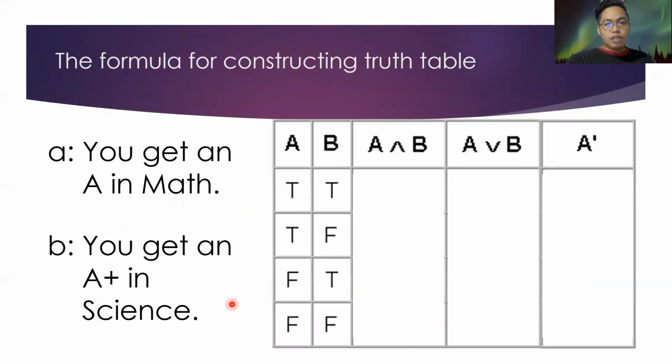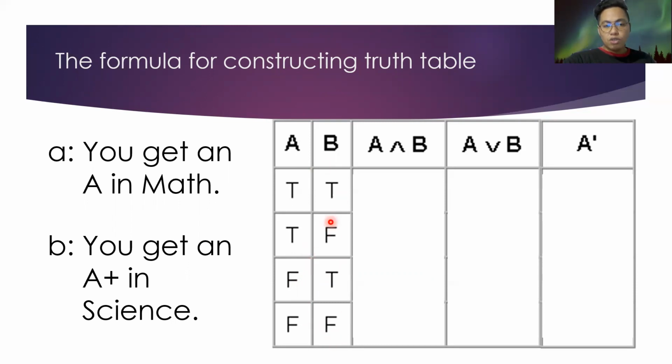So the formula for constructing a truth table is, let's say for example, you have two statements. The first thing that you have to do is to construct the combination of truth values between these statements. So we have here two statements. I decided to start with the least possible compound statements. So we have two, A and B. There are many possible combinations. It's either both A and B are true, or A is true and B is false, or A is false and B is true, or they are both false.